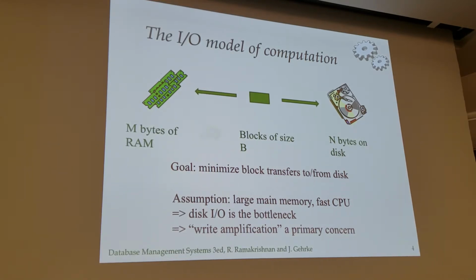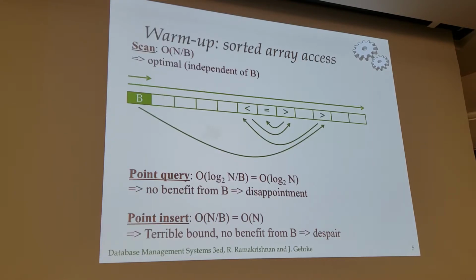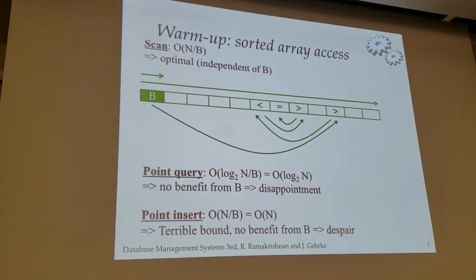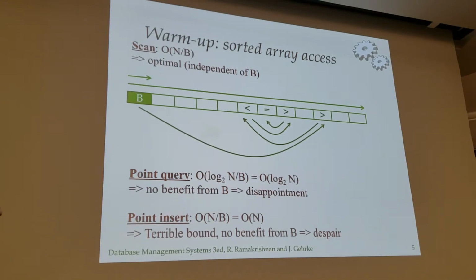But there is this notion of write amplification, because not all writes are created equal. And so the idea is that if what you're trying to do is to deal with sorting an array and then searching it, and you're trying to do a scan, then you basically have whatever your block size is.